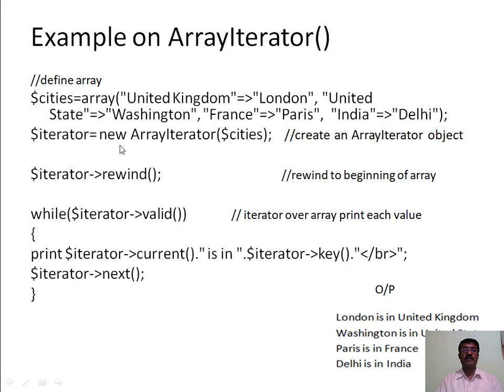With the help of the new keyword, I have created an object of array iterator for the cities array. So the variable iterator is an object of array iterator for the array cities. Now with the array iterator, I called a function called rewind. This rewind function rewinds the array back to the start.